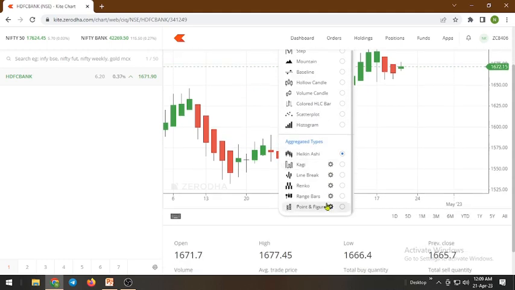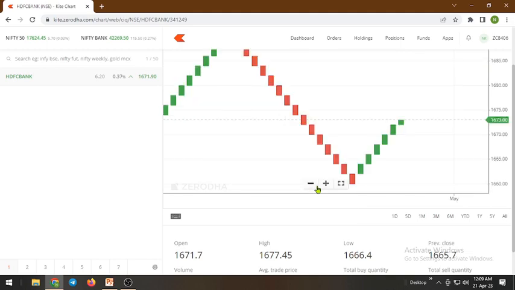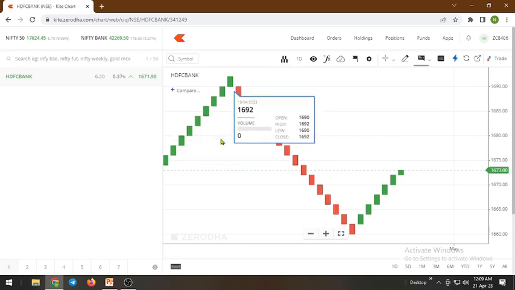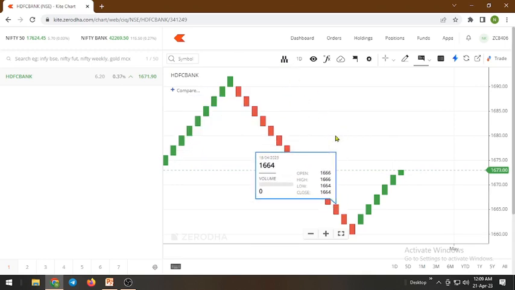And finally, the Renko chart that we discussed. Hope you understand how the charts form, and of these, what we use mainly are the candlestick and Heikin-Ashi charts. Very rarely do we use the other things. The line chart we sometimes use to draw support and resistance lines.